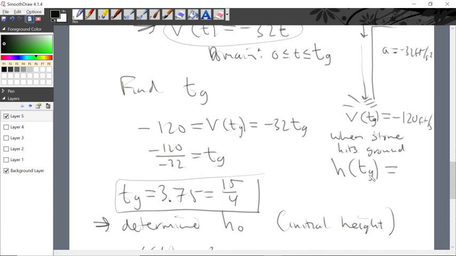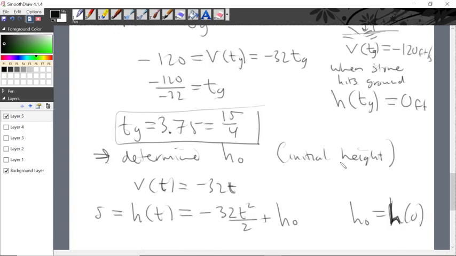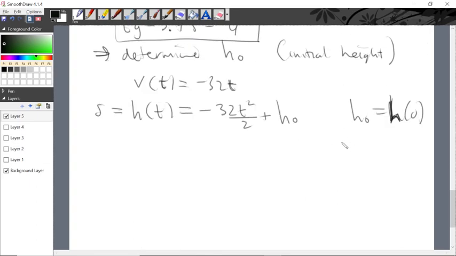If it's the time that it hit the ground, then at that time the height of the object was 0 feet. Why? Because it hit the ground. The height at this point is 0 feet from the ground. So using that information, 0 is equal to h of tg.